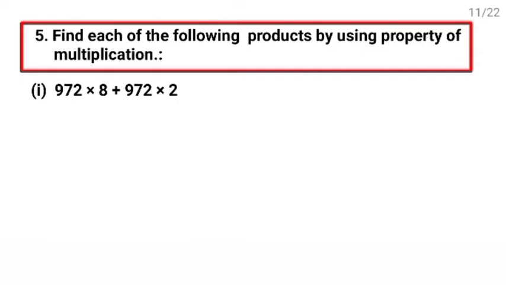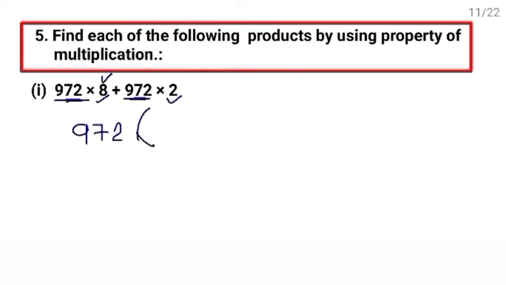Next question. Find each of the following products by using the property of multiplication. Okay. Here this 972 is multiplied by this 8 and 2. So we can take it common. We have taken this 972 outside the bracket.